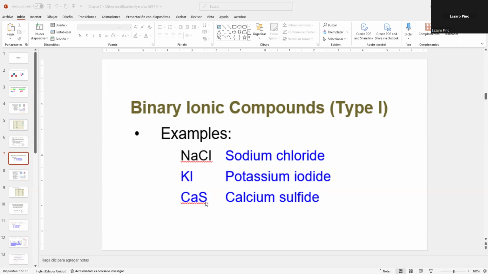Calcium sulfide. Sulfide comes from sulfur. They are type 1 because sodium, potassium, and calcium have only one charge. In this case, sodium is +1, potassium is +1, and calcium is +2 because it's in group 2.